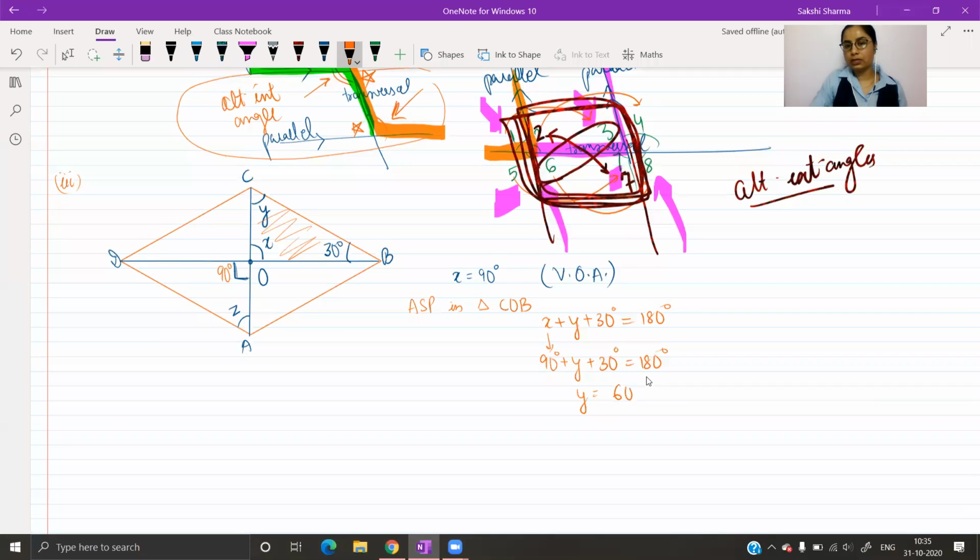From here, y comes out to be 60 degrees. And then finally, to find z, we have the opposite sides parallel and alternate interior angles will be equal. So z will be equal to y. These are forming a pair of alternate interior angles. And z will have the same measure as y.